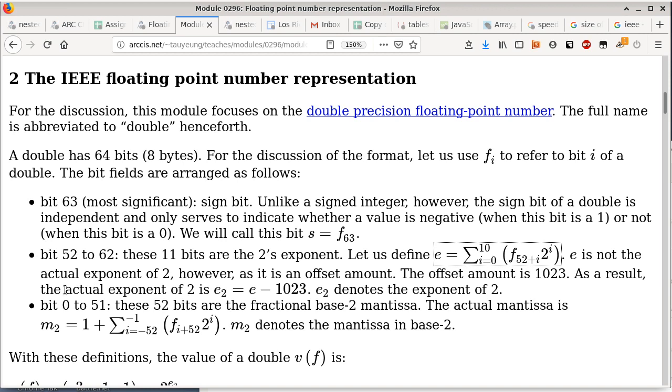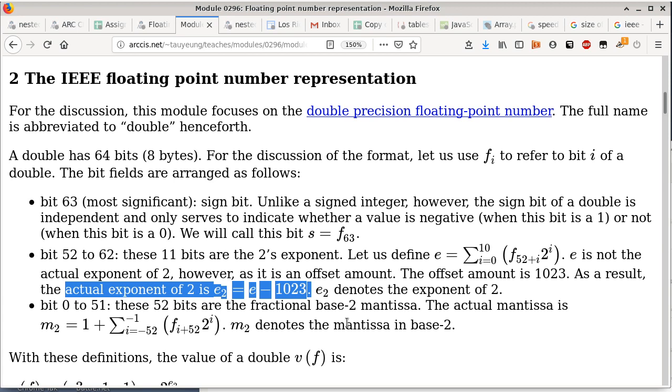The actual exponent of 2 is this term: we take the e that we have and subtract 1023 from it. That 1023 is a base 10 number, and it is the same no matter what, because the number of bits used to express the exponent is fixed.